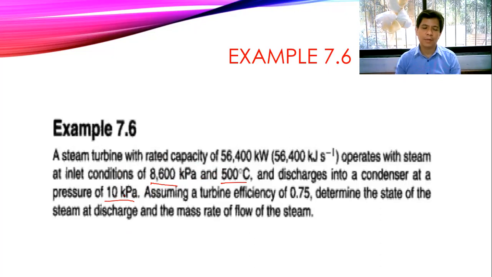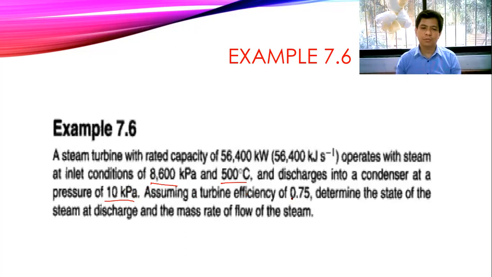This 10 kPa pressure and the S2 prime equals S1. You'll use that to find H2 prime, because as long as you have two conditions, you can find the other thermodynamic properties. Once you get H2 prime, that is the ideal enthalpy, not yet the actual. To get the actual, use the efficiency equation.